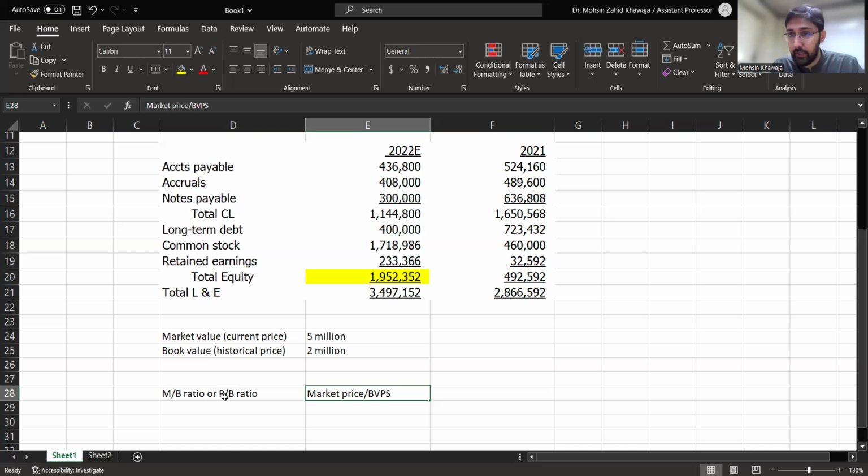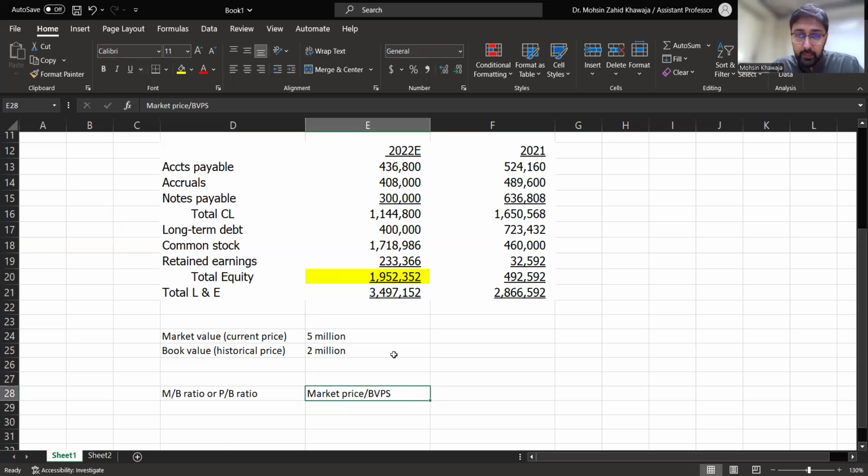We cannot calculate it. It must be given to you for you to be able to plug it into this formula. The denominator is the book value, but it is book value per share. So precisely what you need to do is you just take this book value of the equity, and then you divide it by the number of shares.